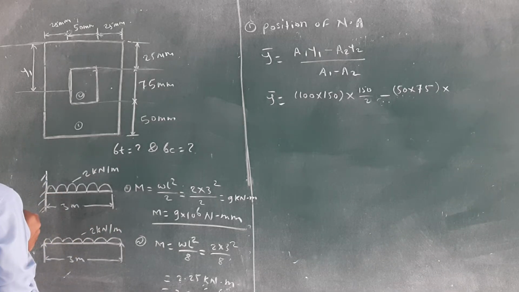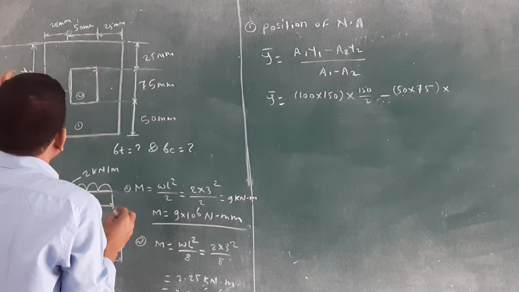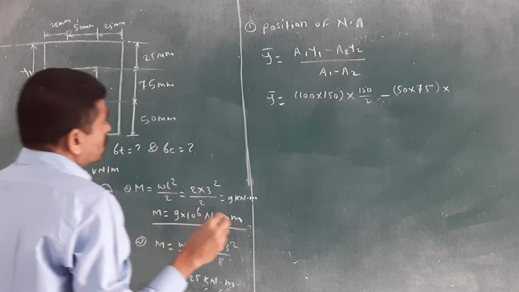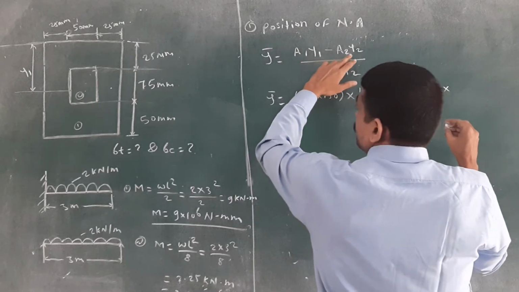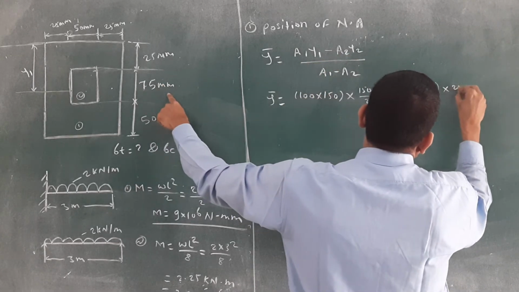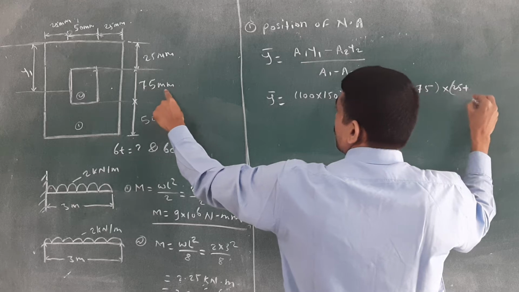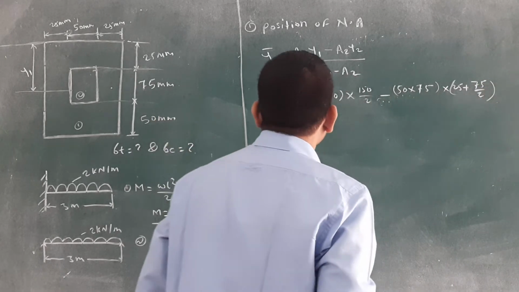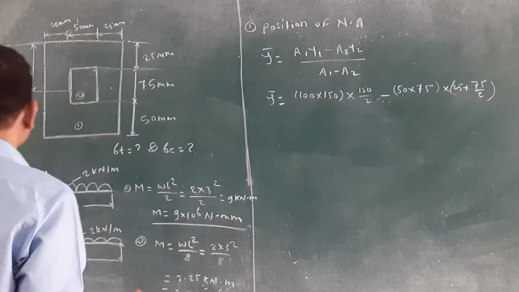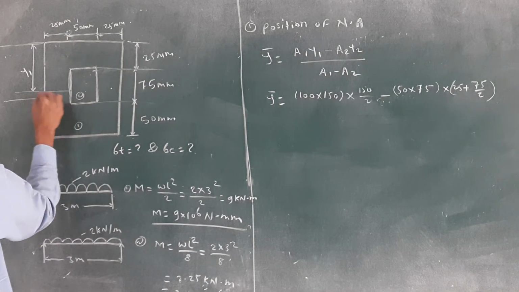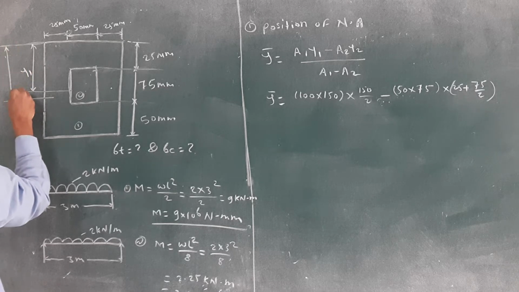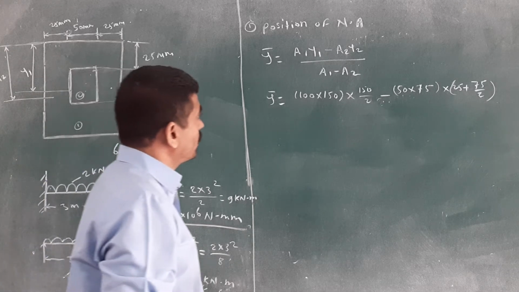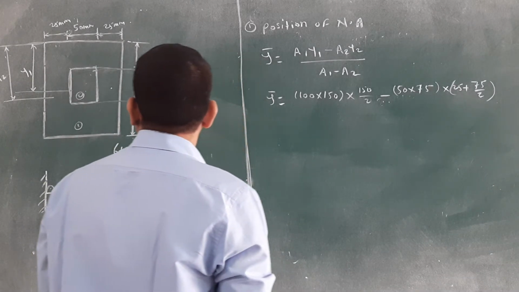So area 2 is there, y2 is 25 plus 75 by 2. Suppose this one is y2, this plus this one, then you will get the value of y2.